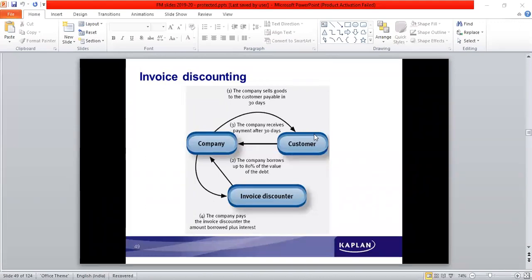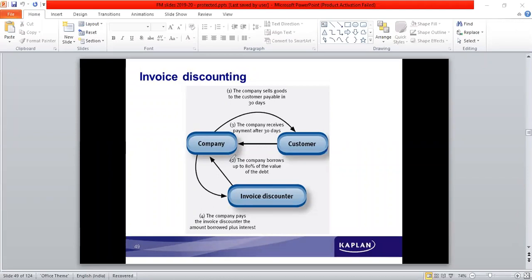To meet the liquidity requirements, they can borrow funds, or there is another financial service available, which is called invoice discounting: using this invoice and discounting it with a discounter. Generally it's a bank or a financial institution.